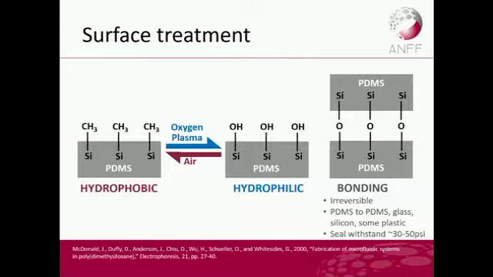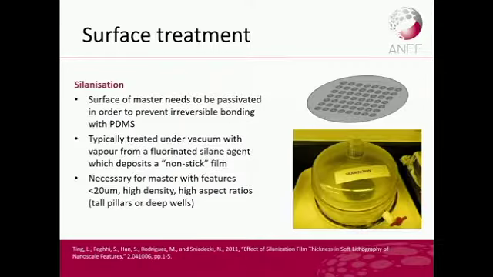This bond is ideal if you put the surfaces together within, say, the first 10 minutes after plasma treating, because after that time the surface reverts back to its original structure. So this is not permanent at this stage. However, once you put something on top within that 10 minutes after plasma treatment, the bond itself is permanent. The bond can be quite strong, and it can withstand pressure up to 30 to 50 psi.